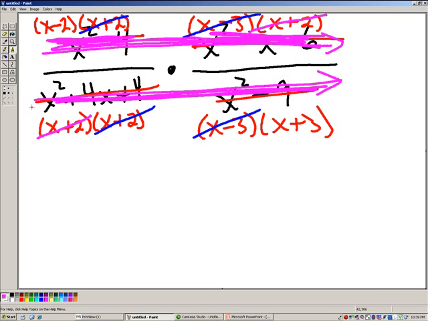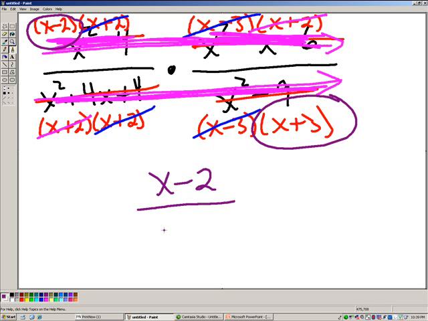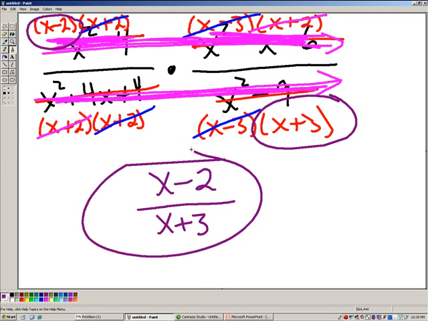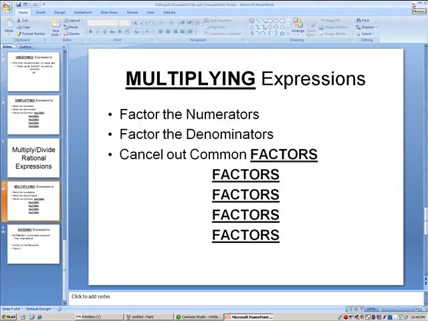Anything that's common, any common factor, can be canceled out and leave you with your answer here of whatever's left over. I've got an x minus 2 left up there in the numerator, and I've got an x plus 3 left down here in the denominator. So that would be my answer, x minus 2 over x plus 3. So if we take another look at our process here, factor the numerators, factor the denominators, cancel out common factors.